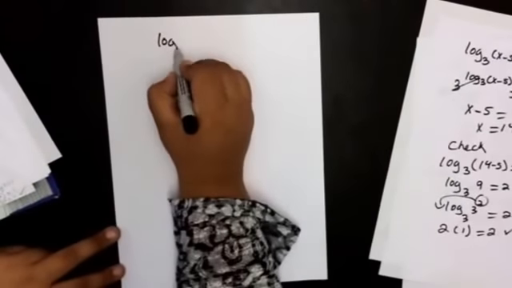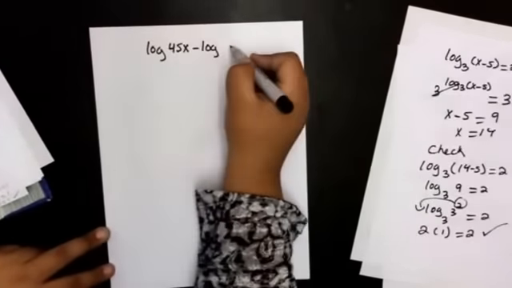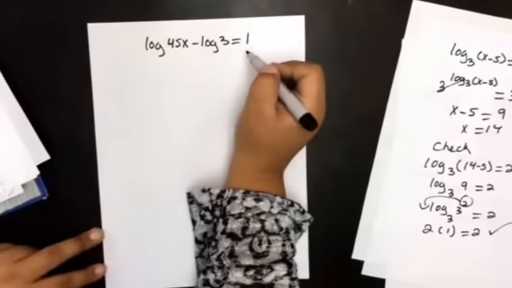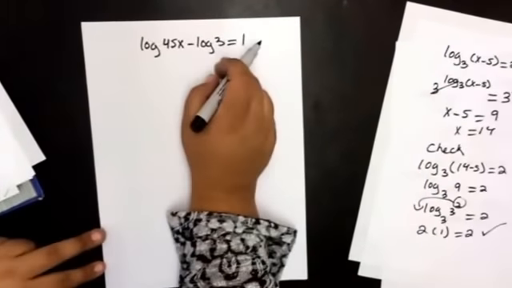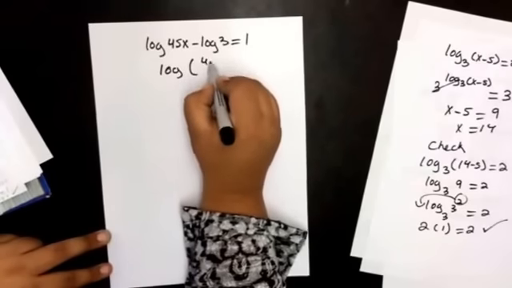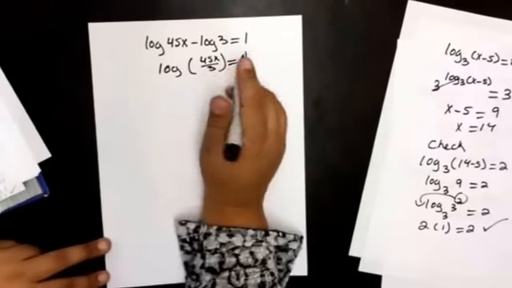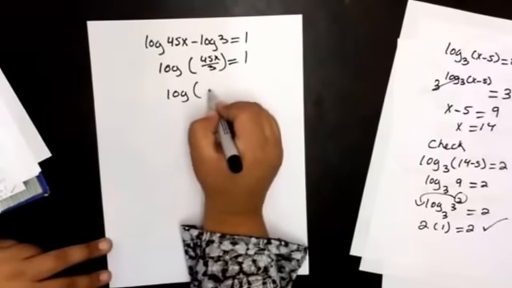What do we have? Log of 45x minus log of 3 equals 1. I can write this as a quotient. So I'm going to write it as log of 45x over 3 equals 1. 45 over 3 is just 15x.